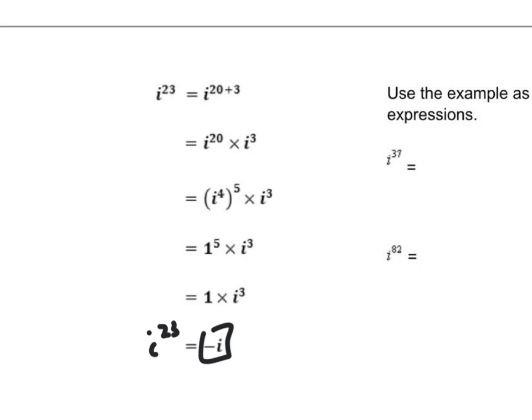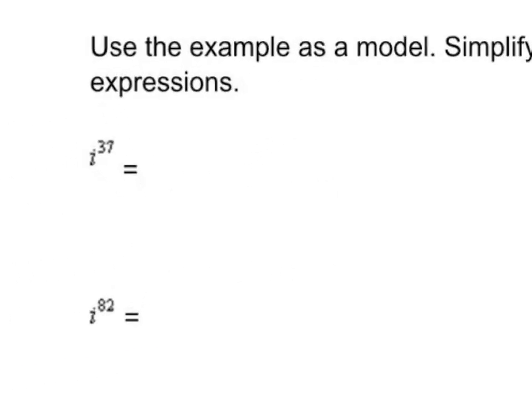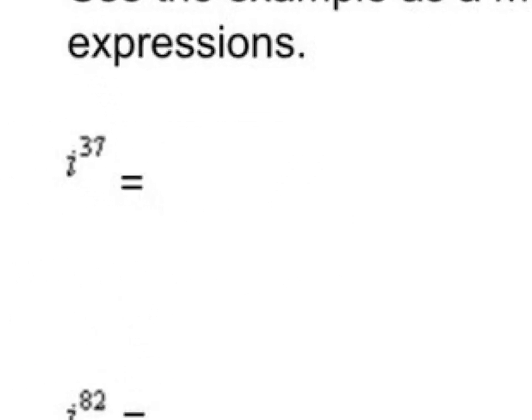Okay, so let's take a look at another example, like i to the 37th power. There's a number of ways of doing this. I'm just trying to think of the easiest way.